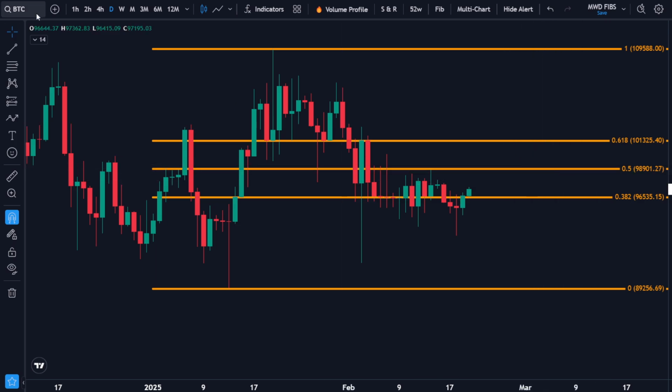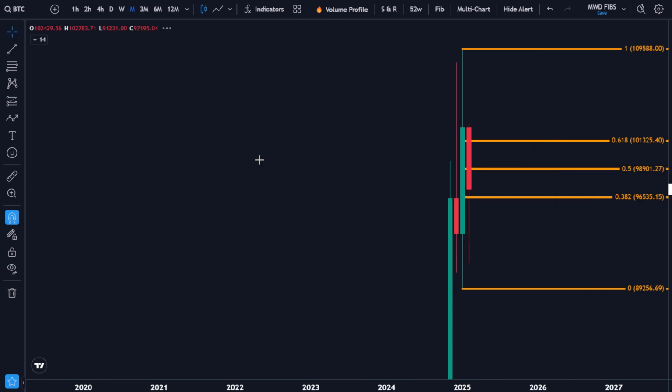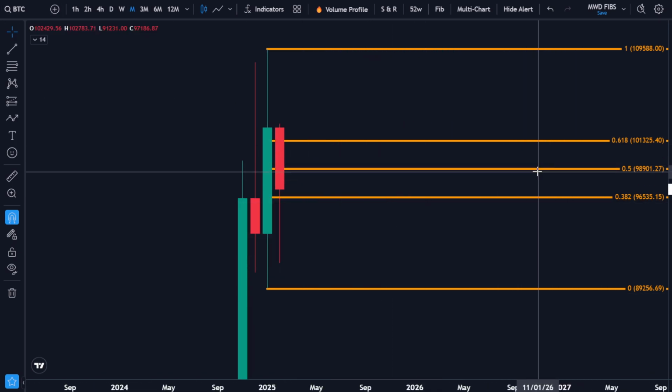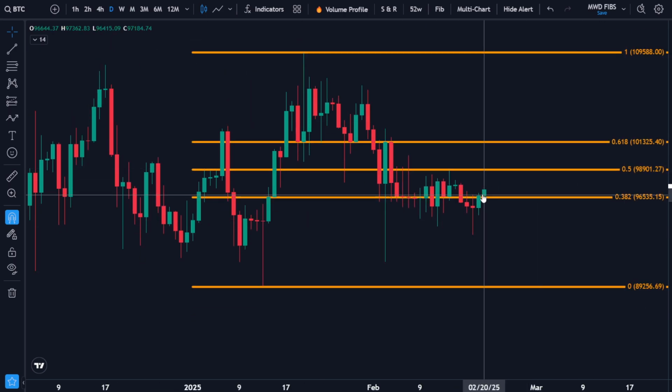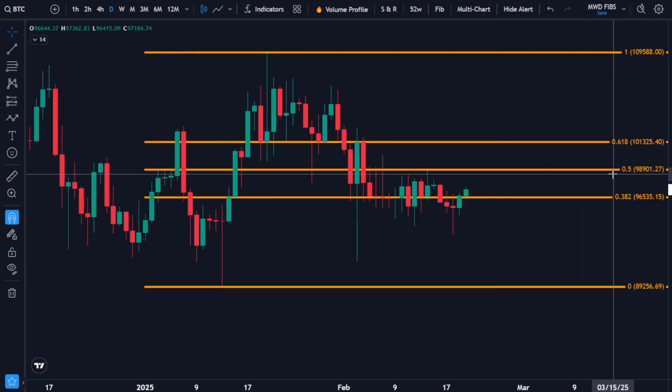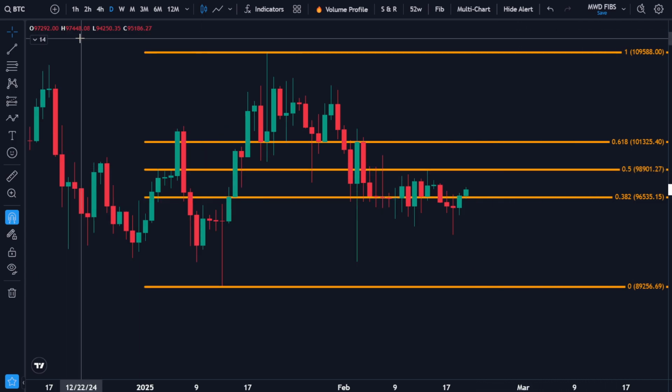So this is the midpoint of the month of January. This needs to go up here, 98,901, and that would be a bullish signal for us if this candle will be able to hold on the 0.5 level.